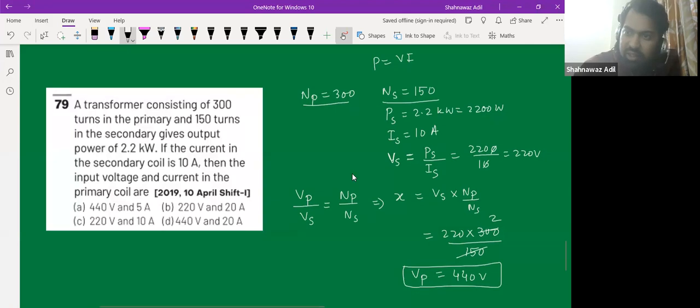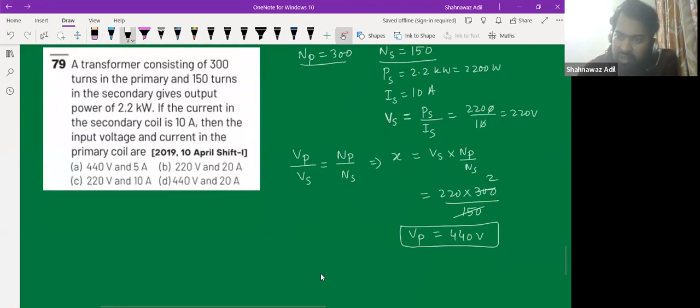Similarly, we know the power. P output is equal to P input. So PsIs equals PpIp. We want to calculate Ip.